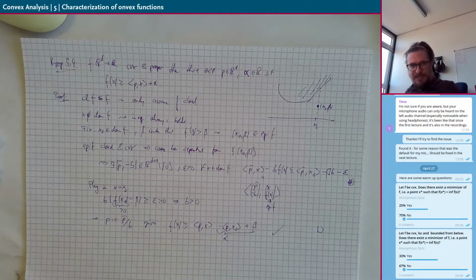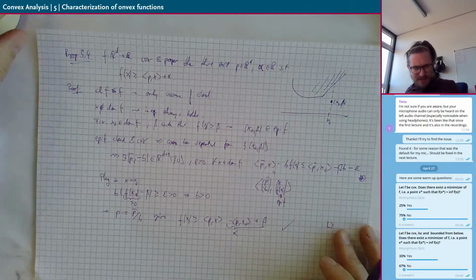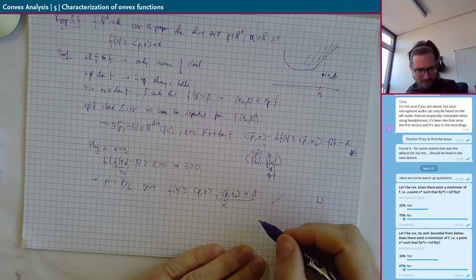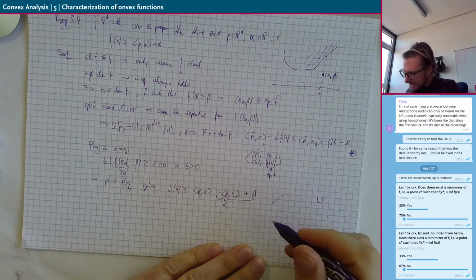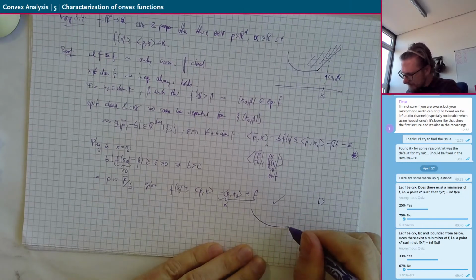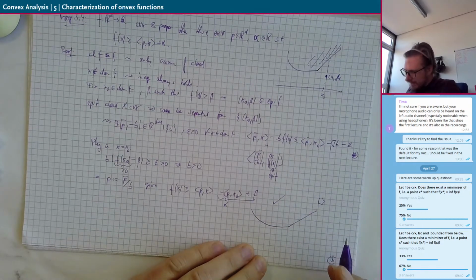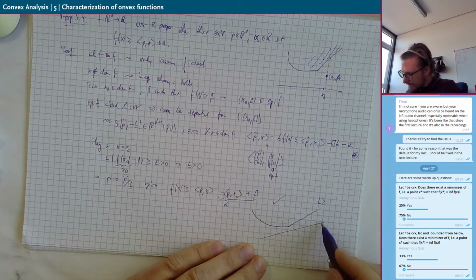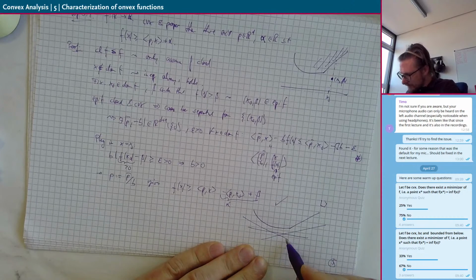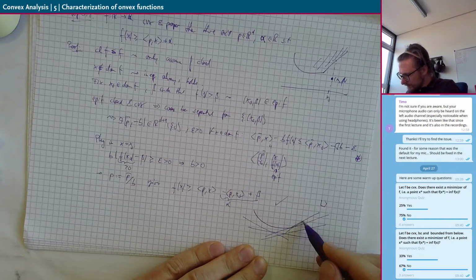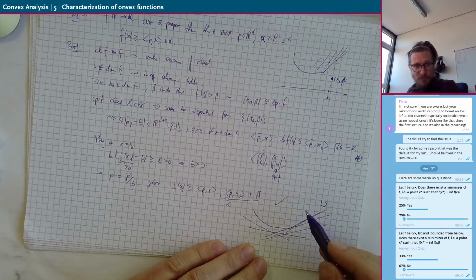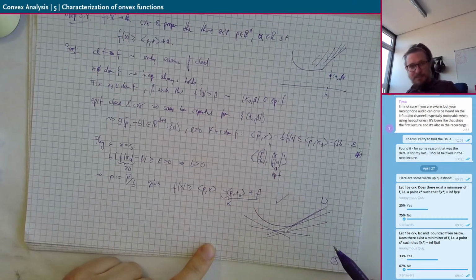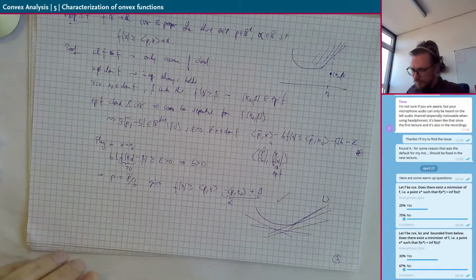Okay, and now it's a simple exercise, and actually I think it is an exercise if I'm not mistaken. If you have a convex function which is not necessarily lower semi-continuous, then you should show that if you take all minorizing affine functions and take the pointwise supremum over all of them, then you get back the closure of f.